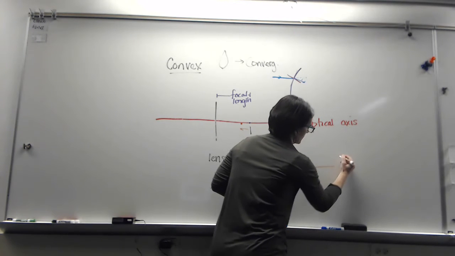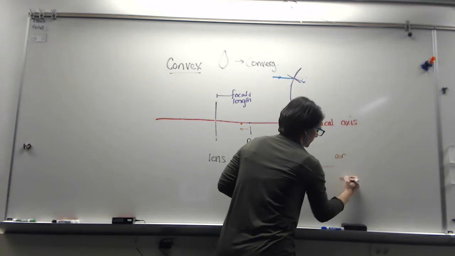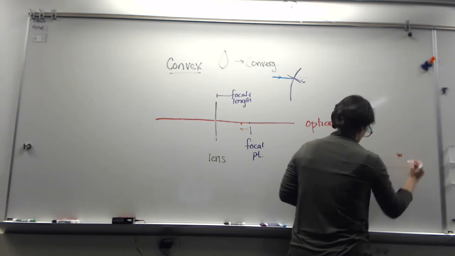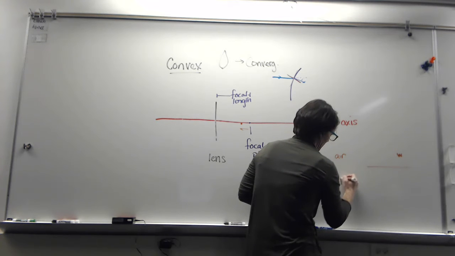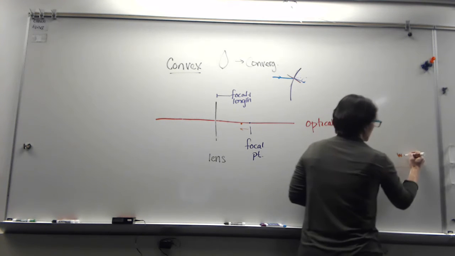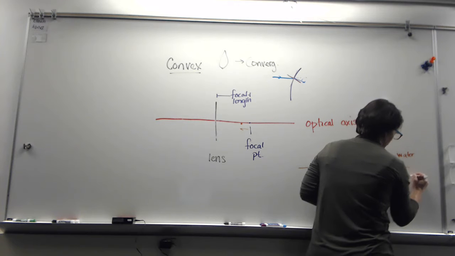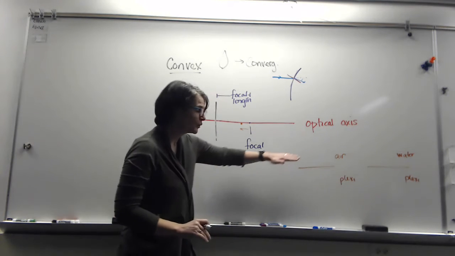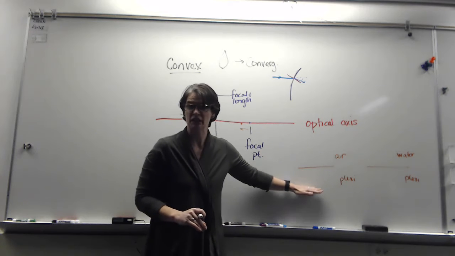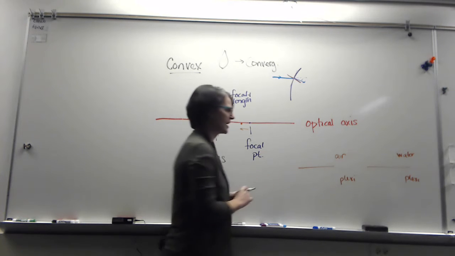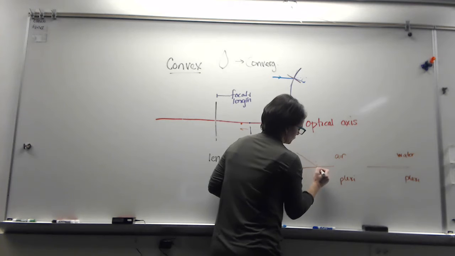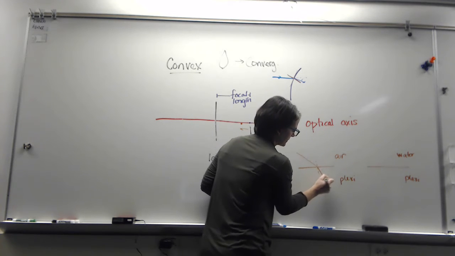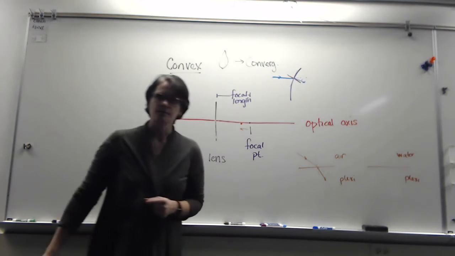When we had a boundary between air and plexiglass, which was the example we used, versus a boundary between water and plexiglass, I want you to think about the football field again. When we're really on firm ground going to really sticky ground, we get a big change. So that would be the unrefracted ray. We're going from low to high, and I'm going to see a change in my ray.